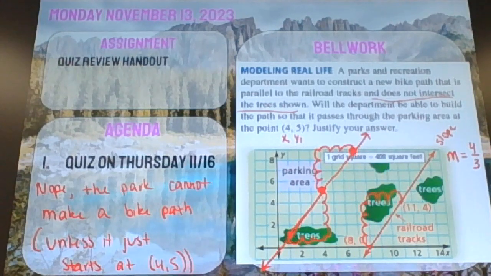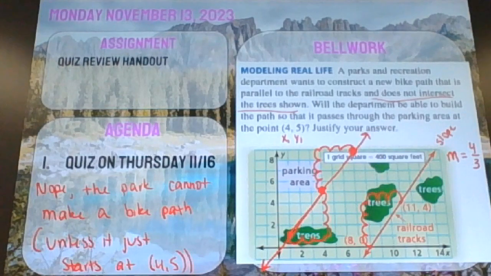This is for those students in here that are really into this. That's a lot of work. Okay, if I wrote the equation for that parallel bike path, this is what it would be.